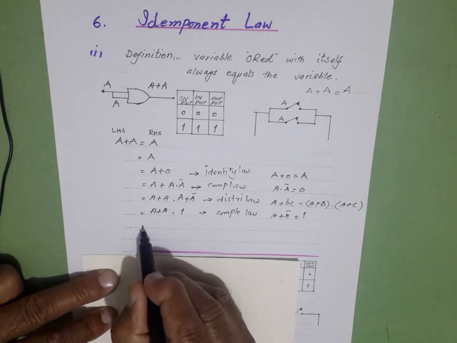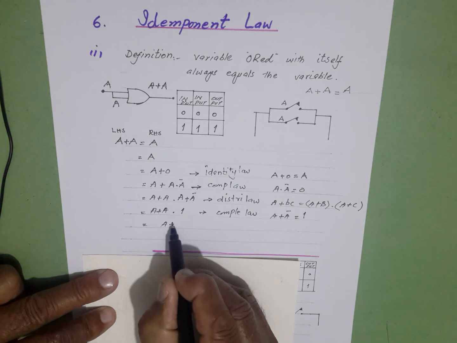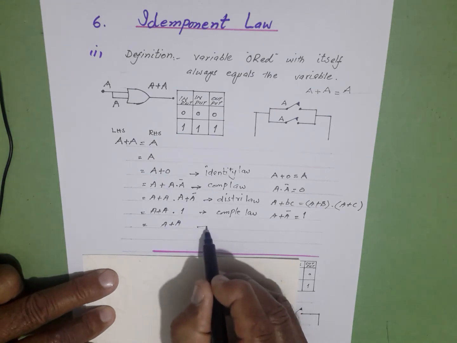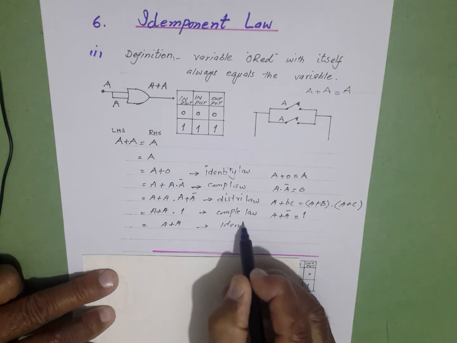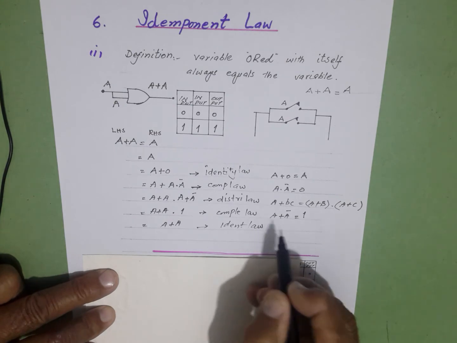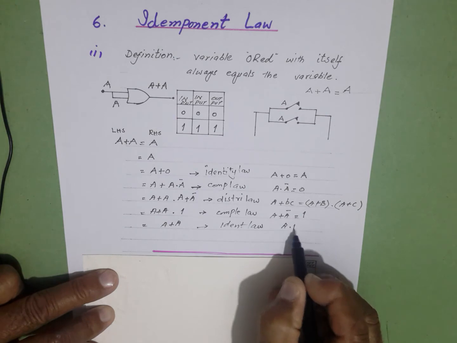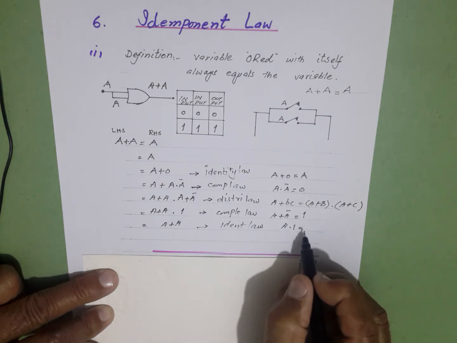This can be further written as A plus A, and this is identity law, which says A and 1 is equal to A.